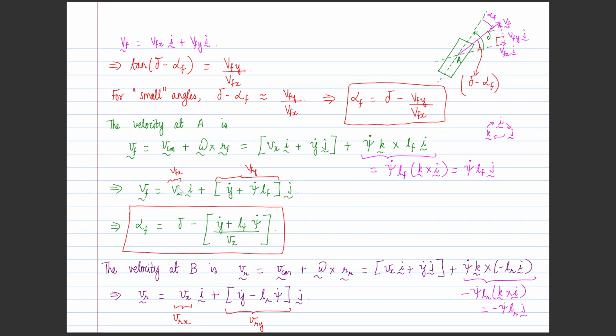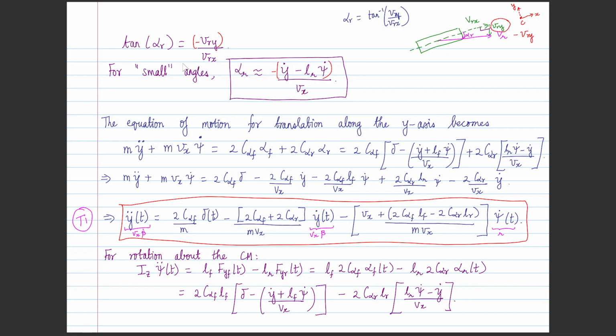This is Vfx. This is Vfy, which we can substitute here and find alpha f. Similarly, we can write the velocity at B and obtain an expression for alpha r considering small angles again. So we have obtained expressions for alpha f and alpha r.